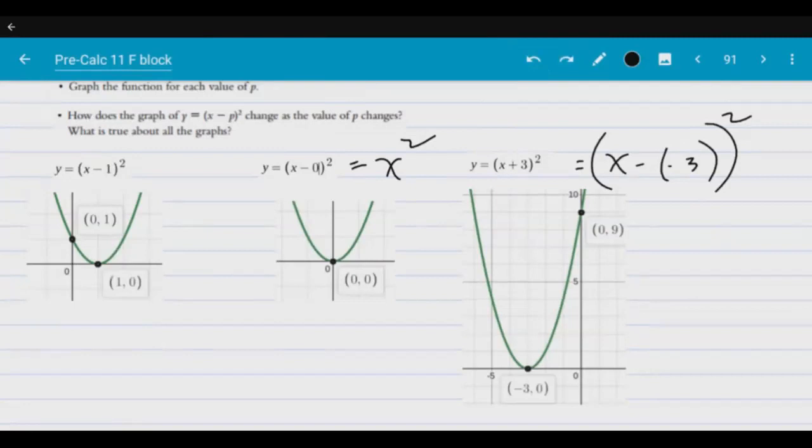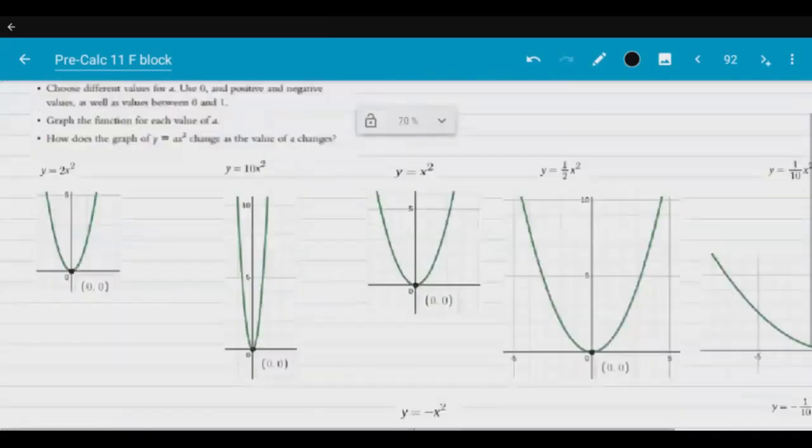As you can see, the vertex moved to the right. When something is subtracted and it is negative, so you subtract a negative number, it is inside the square, it goes to the left, all right? So really, the sign of the number that you are putting in there tells you where to go. 1 is positive, it went to the right. 3 is negative, it went to the left. You got it? Okay, next.